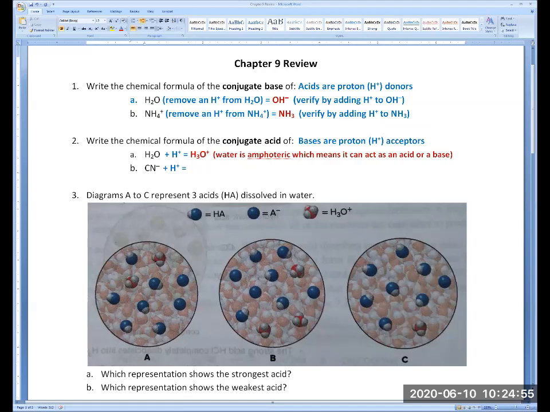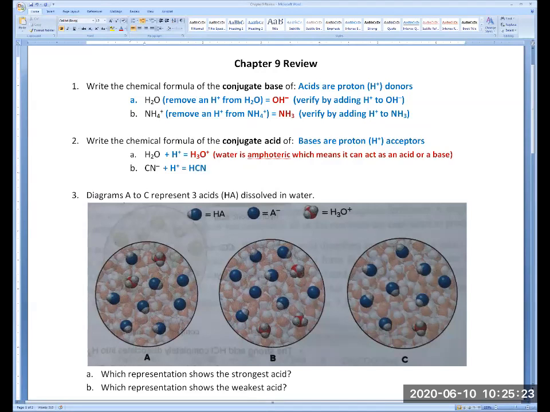Typically when you have an acid, H should be written first in the formula. It's not always true, there are some exceptions, and water and ammonium were exceptions, but most other acids are like that. So you would write the H first in the formula.